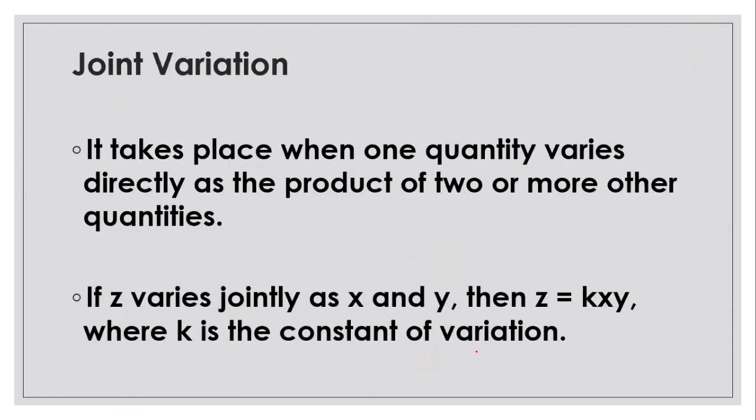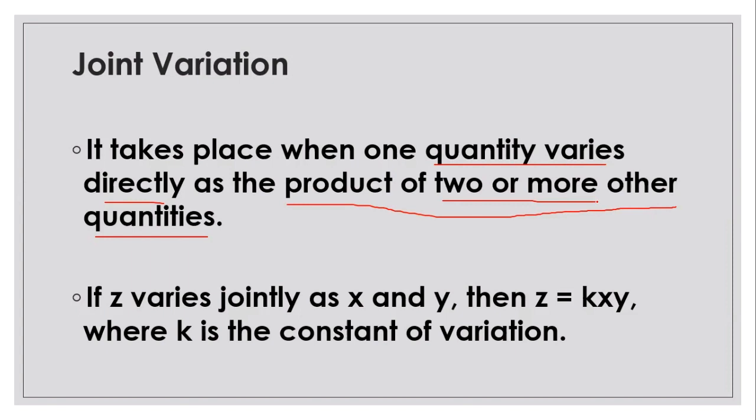Let us proceed to joint variation naman. It takes place when one quantity varies directly as the product of two or more other quantities. Ibig sabihin, meron tayong two or more other quantities. Or meron tayong dalawang direct variation doon sa joint variation.